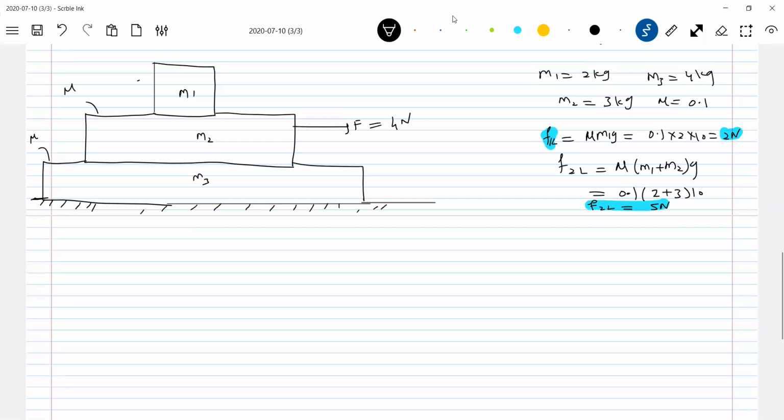Tell me, what are we going to assume first? What is the best way of assuming? That slipping occurs at all surfaces, shall I assume? Or no slipping occurs at all surfaces, shall I assume? I'll give an opportunity. You can suggest the idea. Anybody is free to talk now. No slipping occurs at all surfaces.